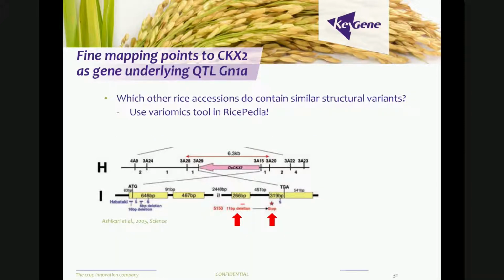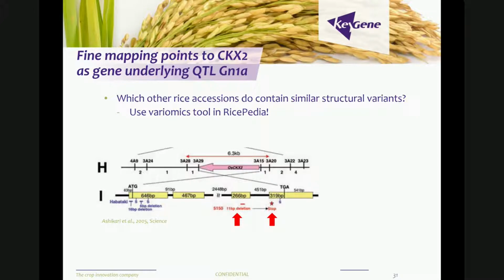So then you might wonder, now that I know this, now that I went all the way from this massive region with this massive amount of data to a causal variant, which other lines or accessions or crops or different genomes also contain this apparently preferred phenotype?